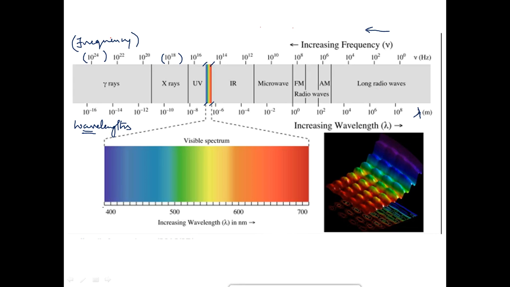The wavelength range of the visible spectrum is somewhere between 350 nanometers to 750 nanometers. You can observe the blue color, followed by green, yellow, and then red. And we have that terminology, VIBGYOR, to remember the various colors which occur in the visible spectrum.